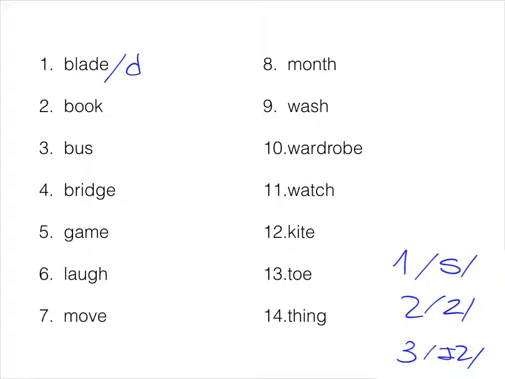So the last sound you pronounce is that. Blades. Blades. Blades. Okay? Books. That is tricky, but that's exactly how you pronounce it. Yeah. Buses. There were lots of buses at the bus stop, for example. Yeah.